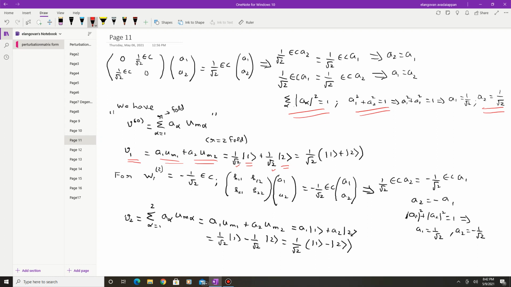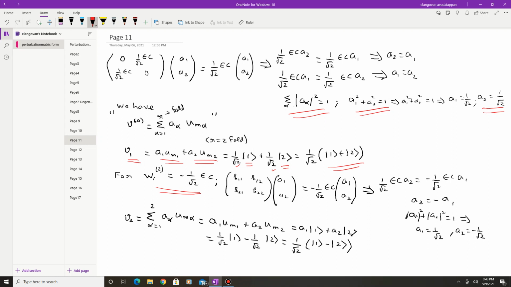If we take 1 by root 2 as a common term, this is 1 by root 2 into ket 1 plus ket 2. So this is the wave function. For another energy level, W2 is equal to minus 1 by root 2 epsilon c.